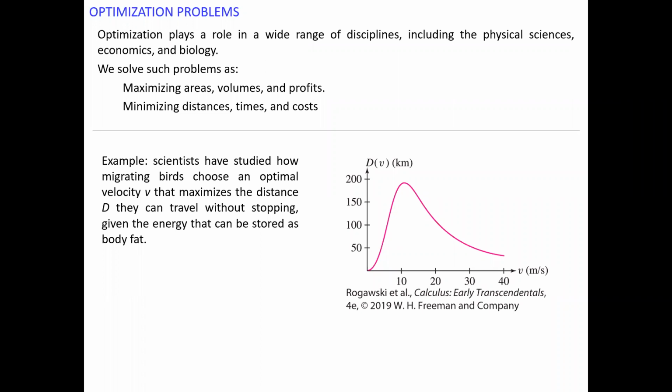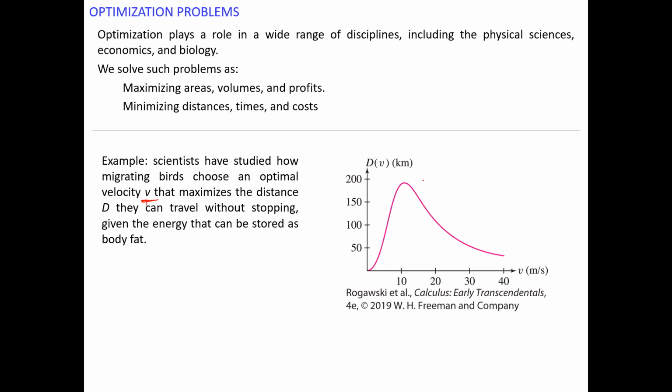So to find the optimal solution means that we're looking for the best solution in the given scenario. For instance, this is a graph from our textbook. Scientists have studied how migrating birds choose an optimal velocity that maximizes the distance they can travel without stopping, given the energy that can be stored as body fat.